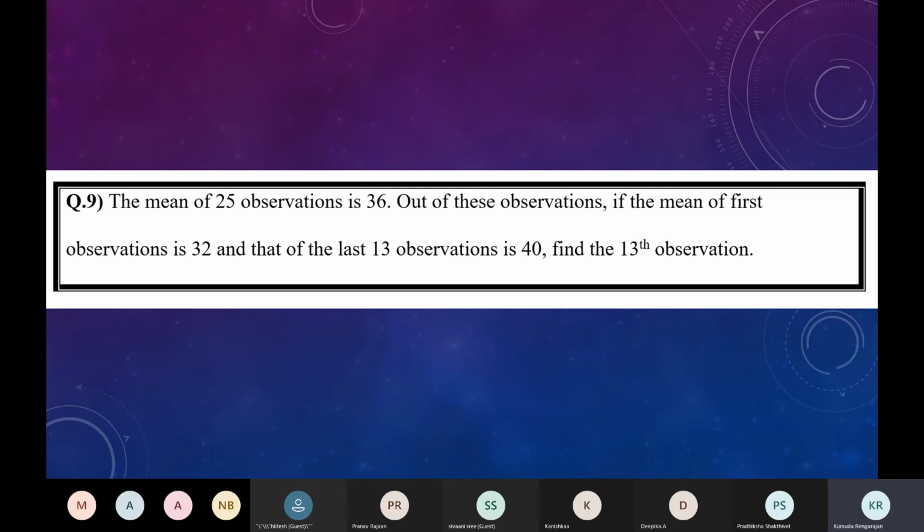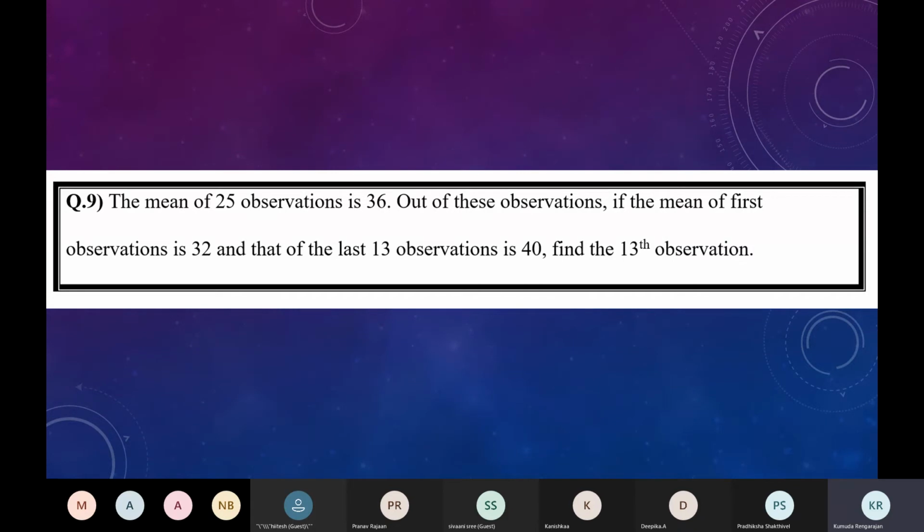Why the 13th? Only the 13th you can find. You cannot find the 4th observation or any other observation. You can only find the value of the middlemost observation, and the middlemost observation is the 13th because 25 plus 1 is 26 divided by 2, 13.